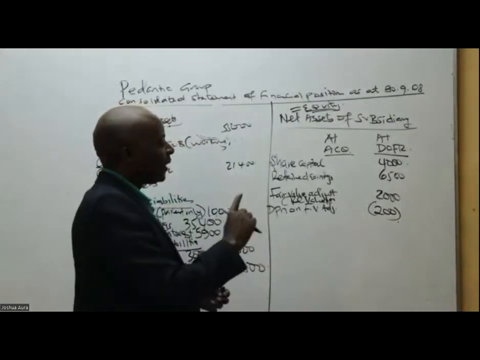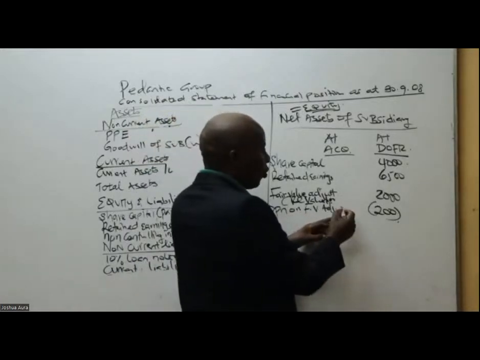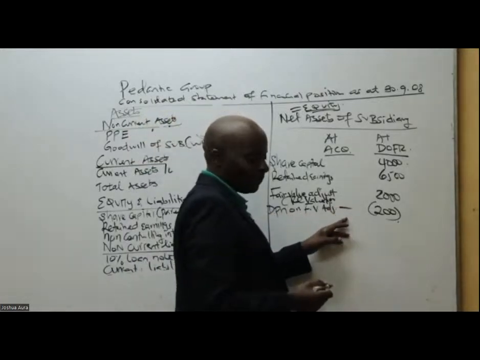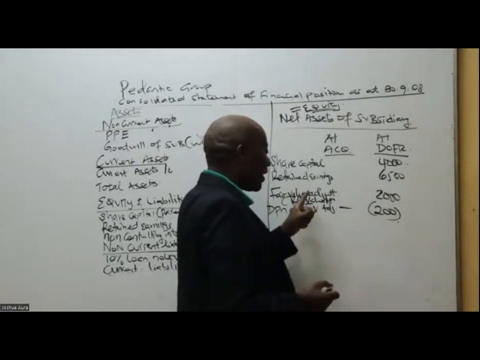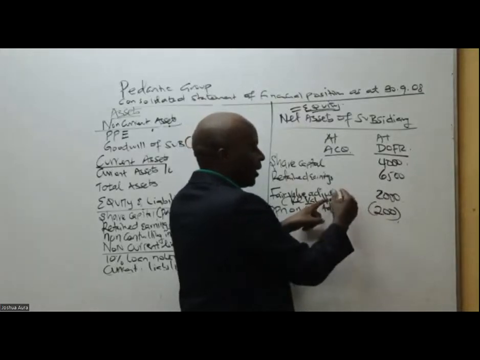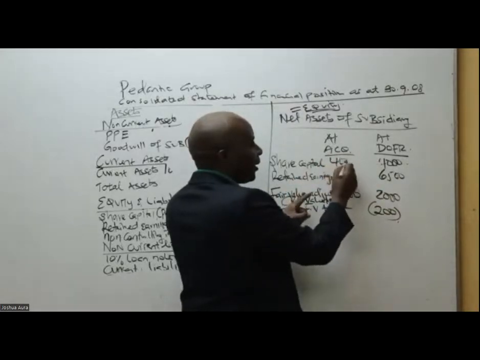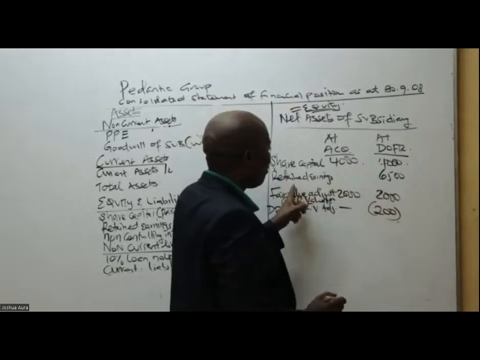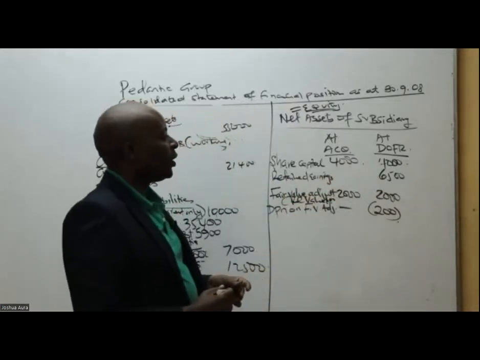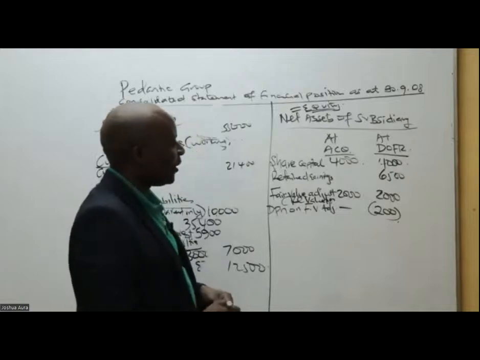Now, this is very quick. The depreciation on fair value adjustment at acquisition, the fair value adjustment at acquisition, is exactly the same at reporting. So here it is just filling in, even the share capital. What we must compute is retained earnings. How much were retained earnings at acquisition?